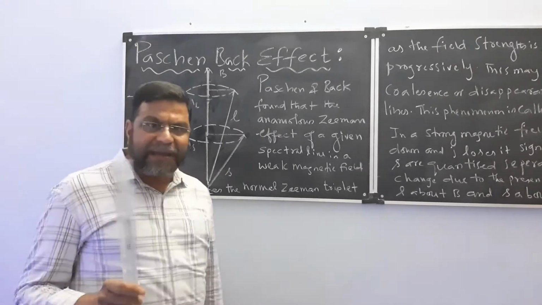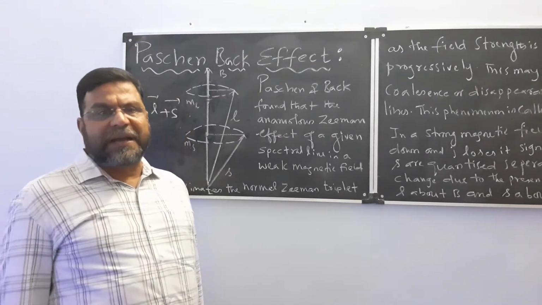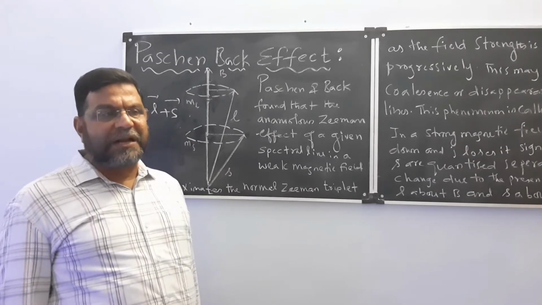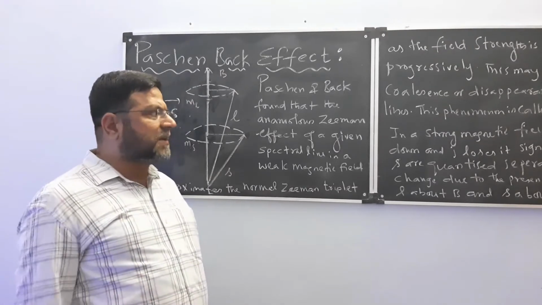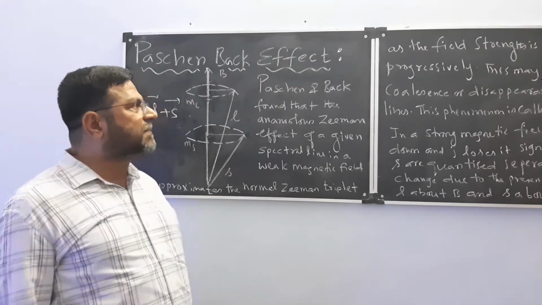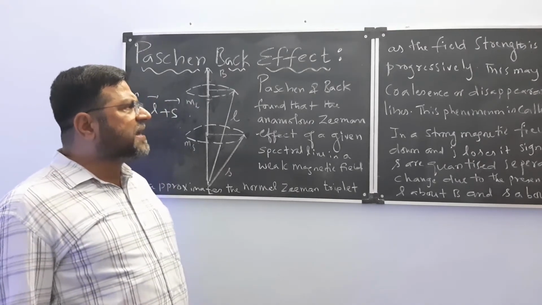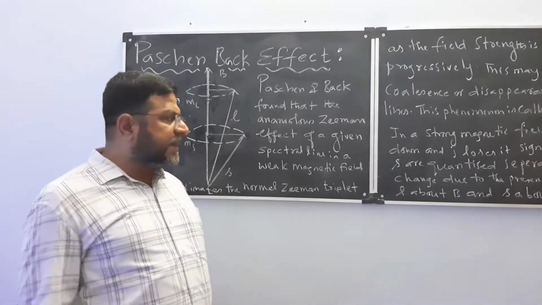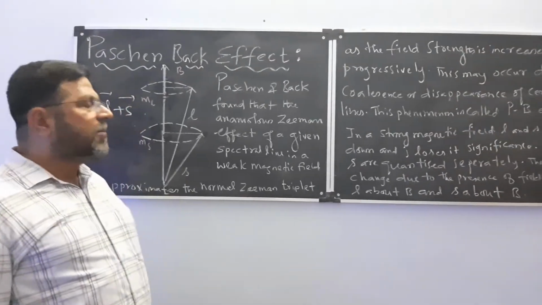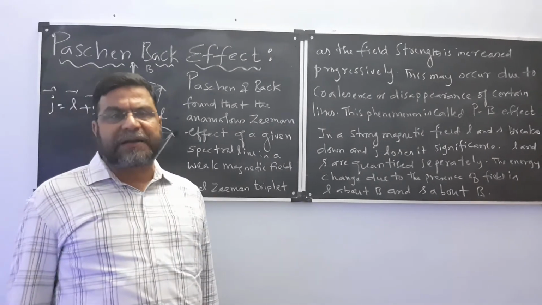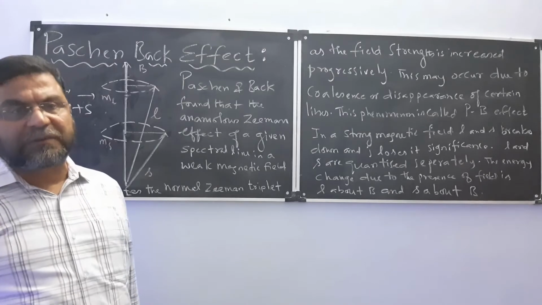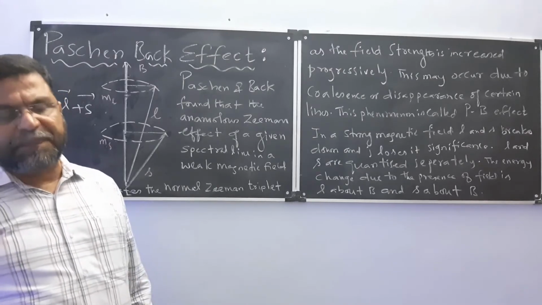When you apply a magnetic field on a spectral line, it gets split up into three lines, which is equal to the anomalous Zeeman effect, as proved by Paschen and Back. As the field strength increases progressively, that is, as they increase the strength of the weak magnetic field, you can see that the spectral line gets split up into three, which is known as a triplet.